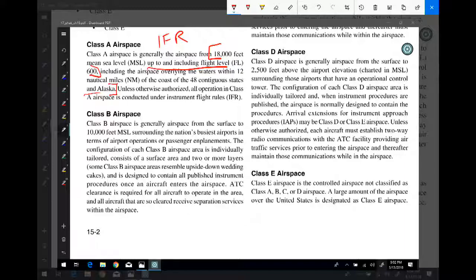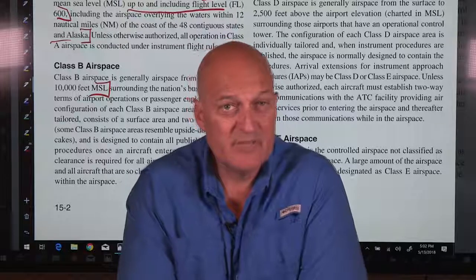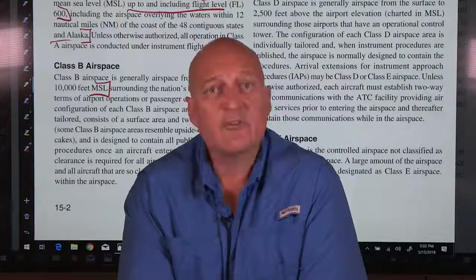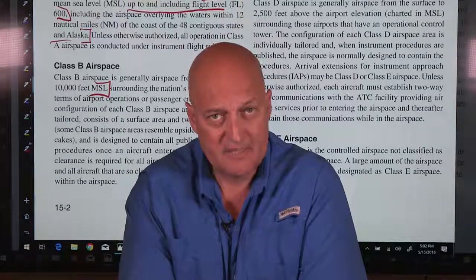Albuquerque is not Class Bravo airspace, so it's going to be smaller. More on that later. So when we look at this, Class Bravo airspace generally goes from the surface to 10,000 feet MSL around the nation's busiest airports. Now, that is in general, because some of the airports that I'm going to show you are definitely different than 10,000 feet MSL.